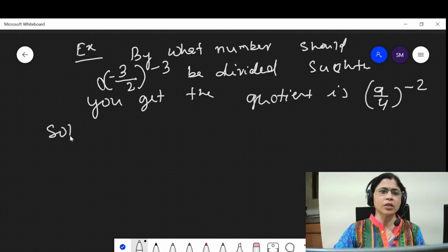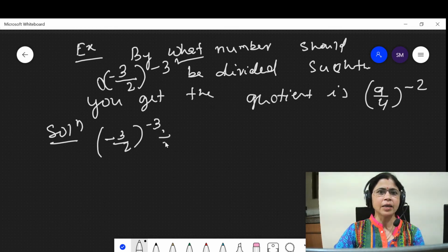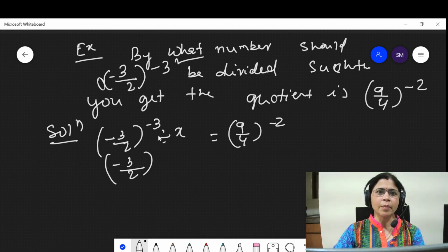At first, students, understand the question. By what number should this be divided? Let the number be x. This is divided by x, then we get this quotient. So (-3/2)^(-3) divided by x means multiplied by 1 upon x, which is equal to (9/4)^(-2).